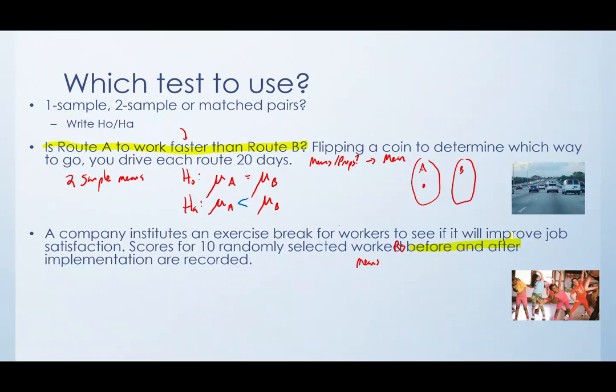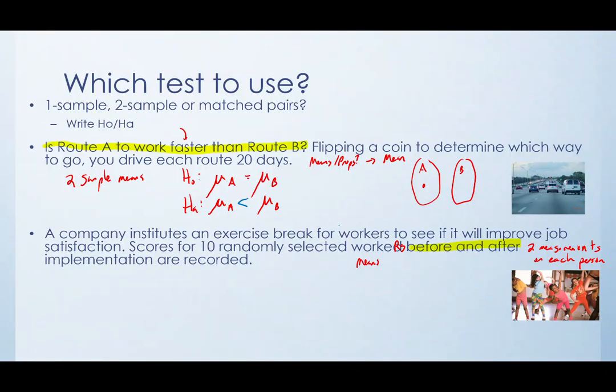So we have two sets of measurements on each person. That means you've got person number one, they've got a before exercise break satisfaction score and an after exercise break implementation satisfaction score. And so we could calculate the difference there for each one of our workers.